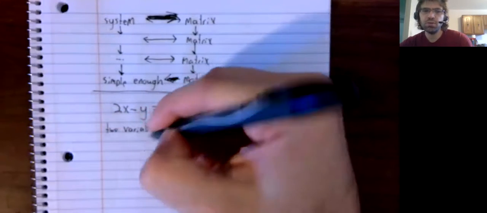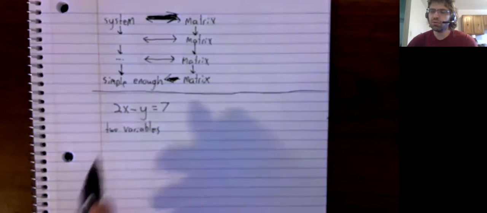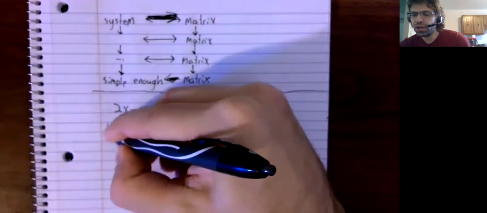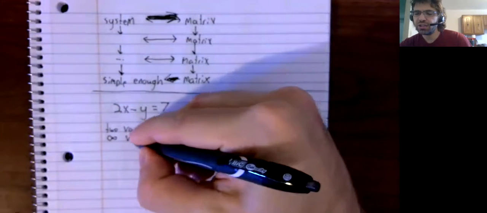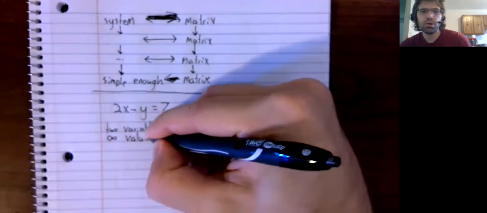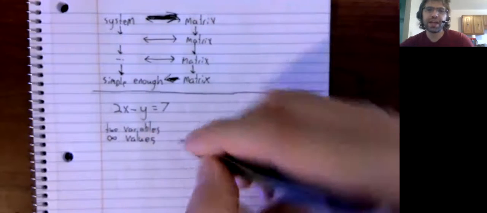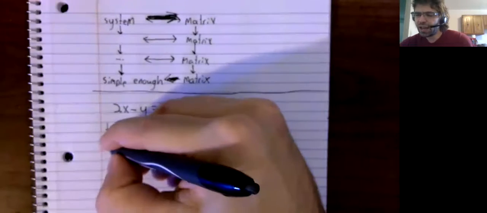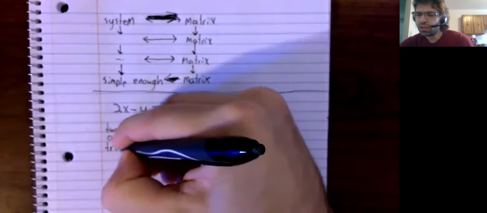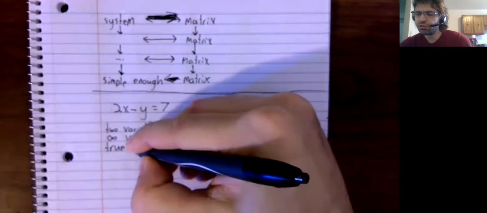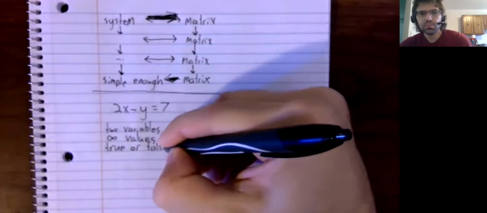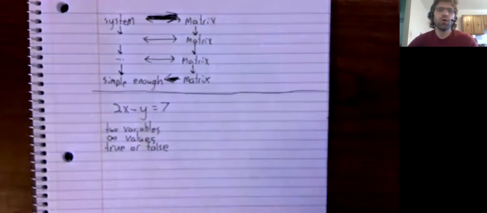Both those variables can take on an infinite number of values. And depending on those values, the equation can be true or false.